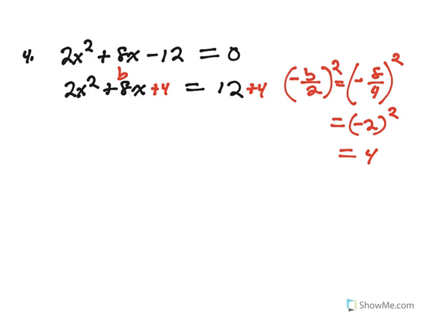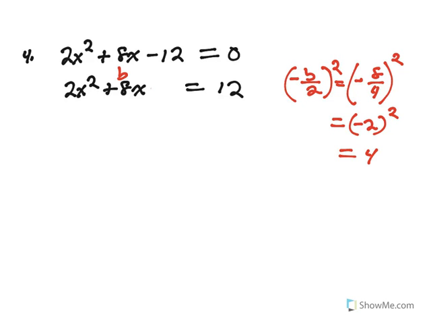And when I do that, before I can do that, let me just back up here 1 second. Before I add the 4, let's just hold that thought for a minute. You notice that I have 2x squared plus 8x equals 12, which is good.